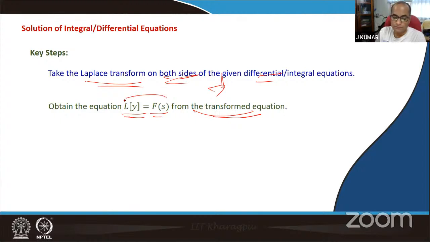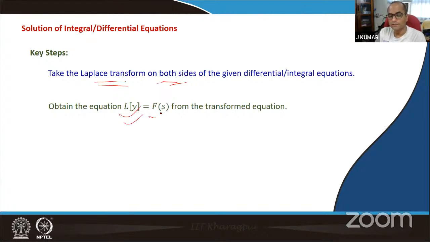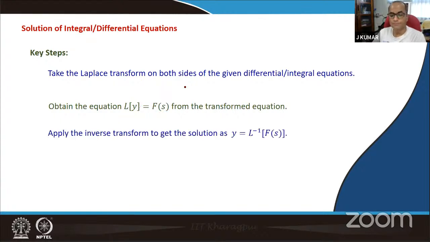After taking the Laplace transform on both sides, we get L of y equal to F(s), the simplified form of the Laplace transform of y as a function F(s).